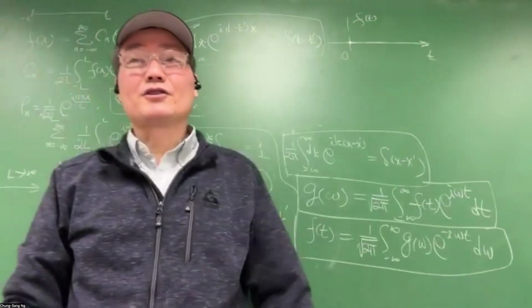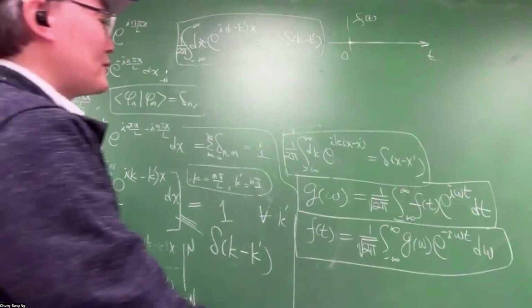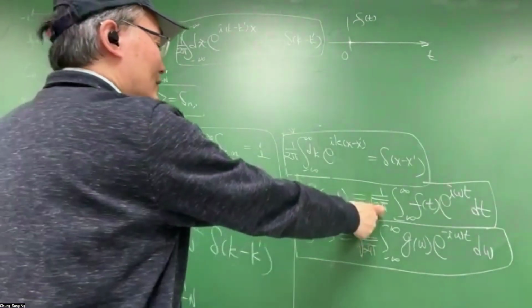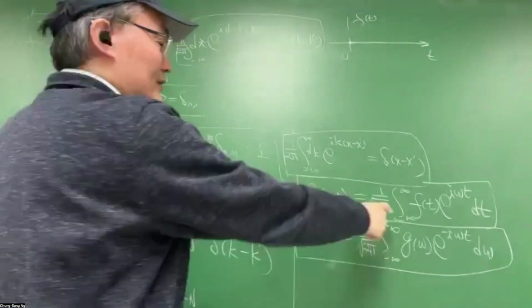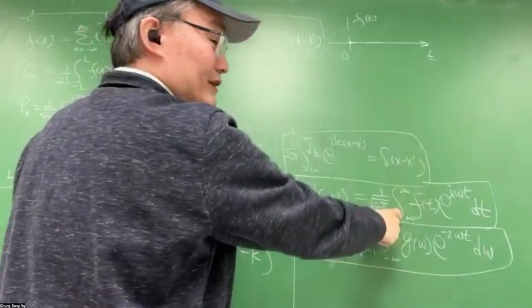Okay, we just consider this situation. And now, obviously, you can still use the original Fourier transform, because that f(t) is defined only from 0 to infinity.